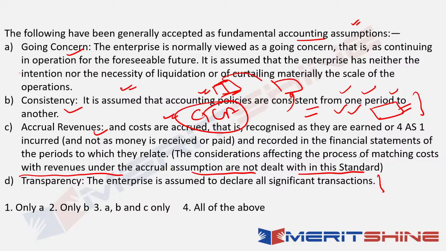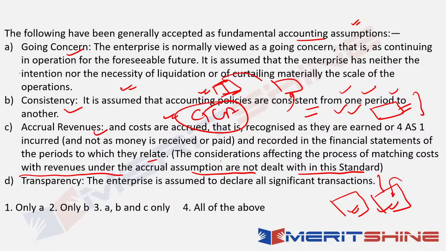That is what I was just talking about, Vikas, right? Accrual: revenues and costs are accrued, that is, recognized as they are earned or incurred, and recorded in the financial statements for the period to which they relate. What is it saying? Your income as well as cost, both are accrued. So even if it is not earned, your money has not come into your account, you can assume if you are reasonably sure.